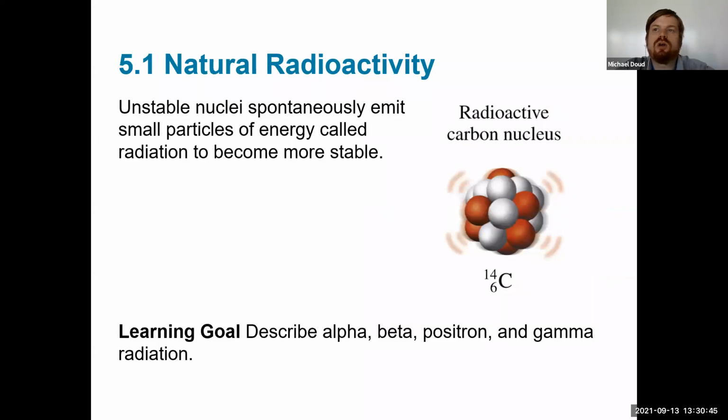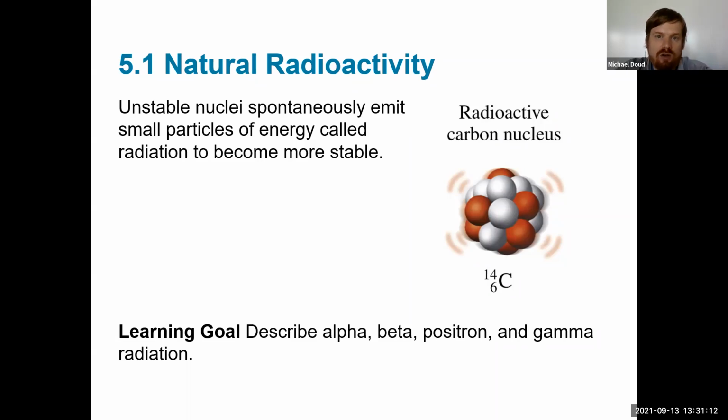Radioactivity is high energy particles that are emitted by unstable nuclei. When we talked about the nucleus before, we mentioned that it's where the protons and the neutrons are in the atom. And we looked at stable isotopes, where you have different numbers of protons and neutrons making up stable atoms.